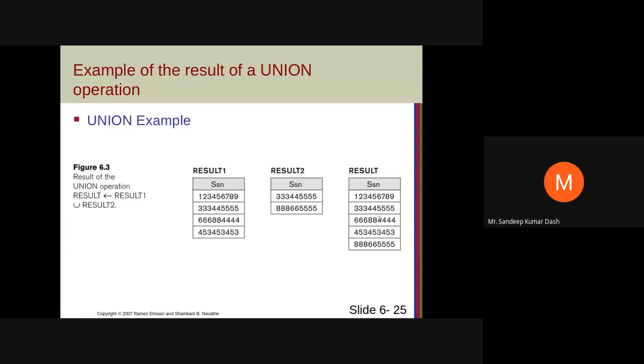Only 5 rows will be available. Fine. So this was an example of union operation, which says that the two relations on which you are applying the union operation should be union compatible. And what do you mean by union compatible? Union compatible means the relations should be having the same number of columns with same domain. Okay.